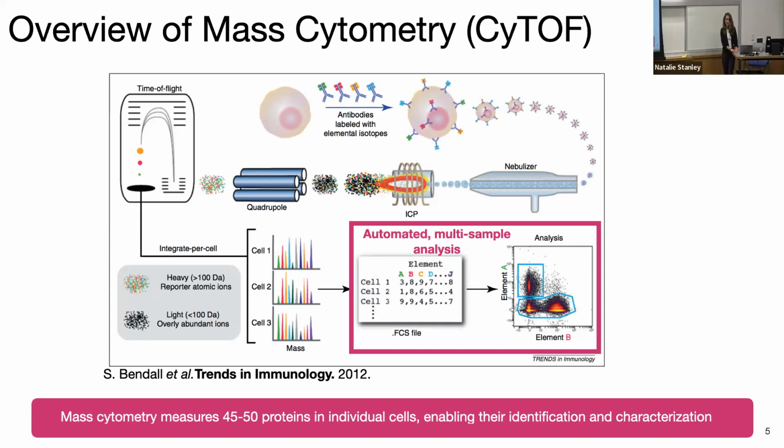Okay, so the main profiling technique that we use to characterize all of the diverse cells in the immune system is called mass cytometry, or CyTOF. This is a high throughput immune profiling technique which measures proteins in individual cells. So roughly how this works is that you first decide which proteins you want to measure in your cells. You find antibodies specific to those proteins, and you conjugate those to a heavy metal.